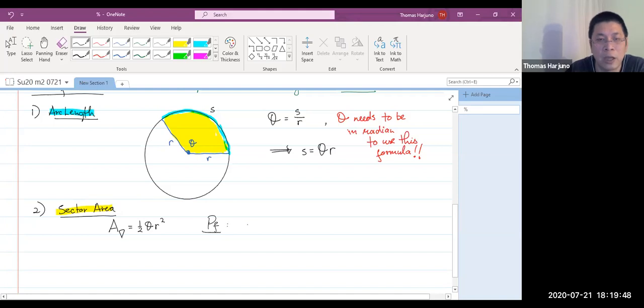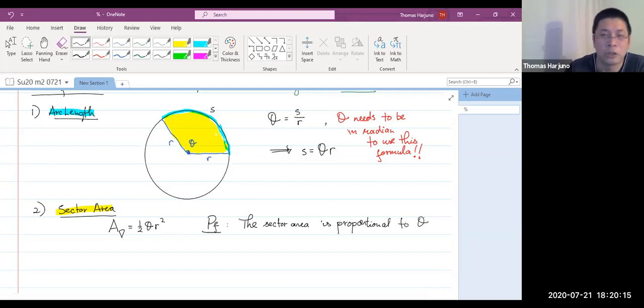Now notice that the sector area is proportional to the central angle. So the larger the area, the larger the angle.